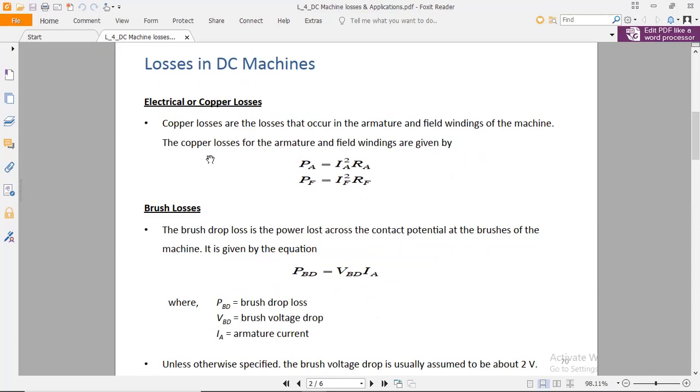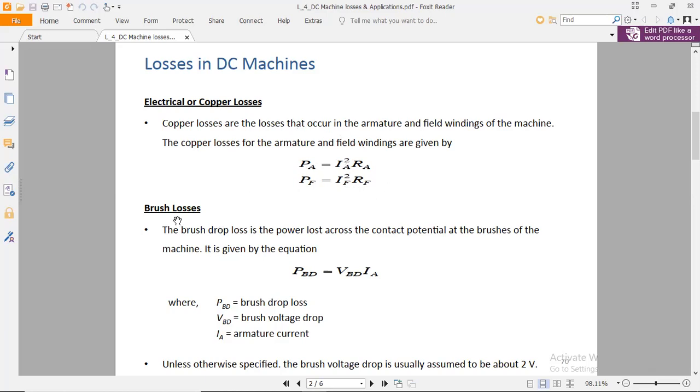The armature power loss is given by the armature current squared multiplied by the resistance of the armature coil. Coming to the field part, the field current squared multiplied by the resistance of the field gives the field power loss. By this we get the electrical or copper losses.